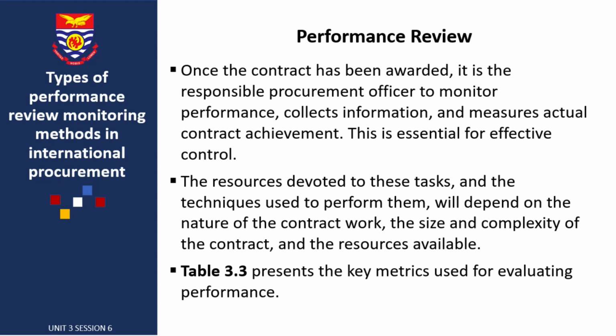When we talk of performance as procurement persons, we cannot eliminate KPIs, the key performance indicators. They stand in as a measurement and evaluation tool used to measure the performance of organizations.